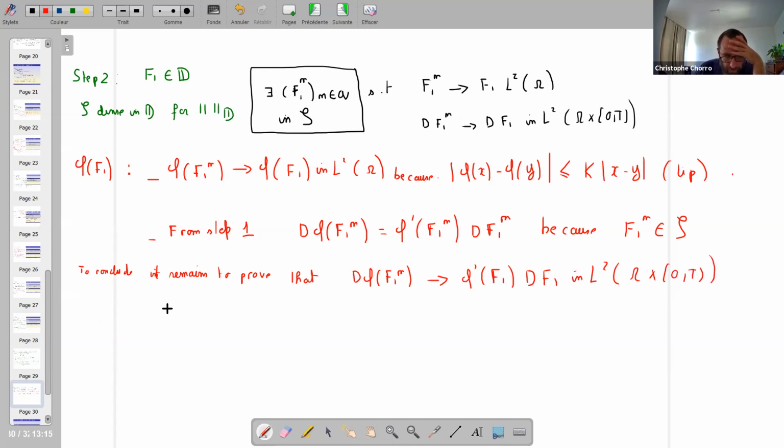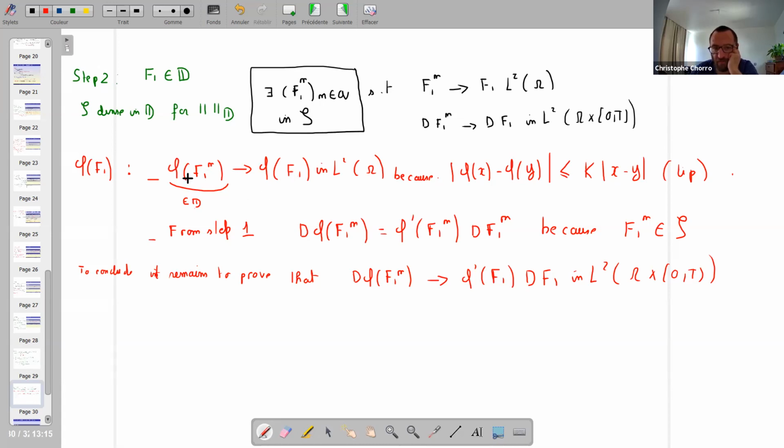So to conclude, it remains to prove this, because according to what I have said, here I have a sequence phi of F1n in D that approximates phi of F1.